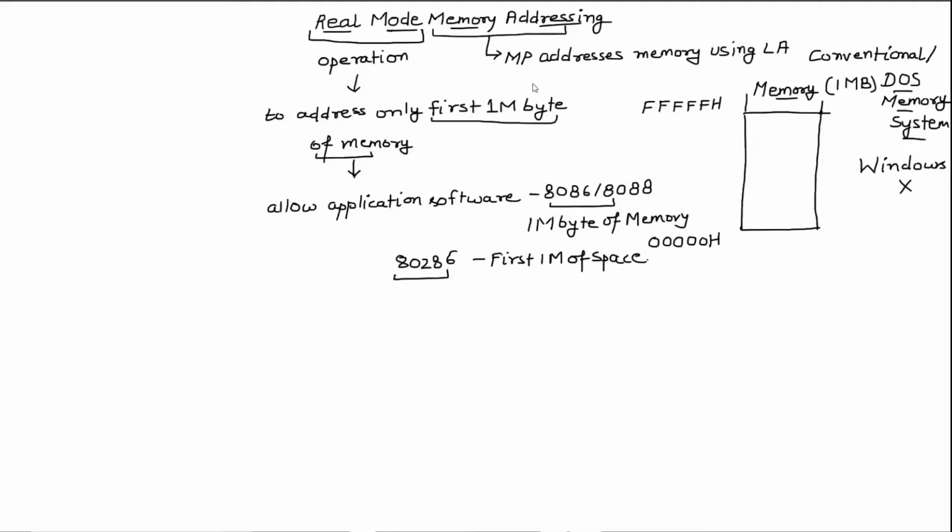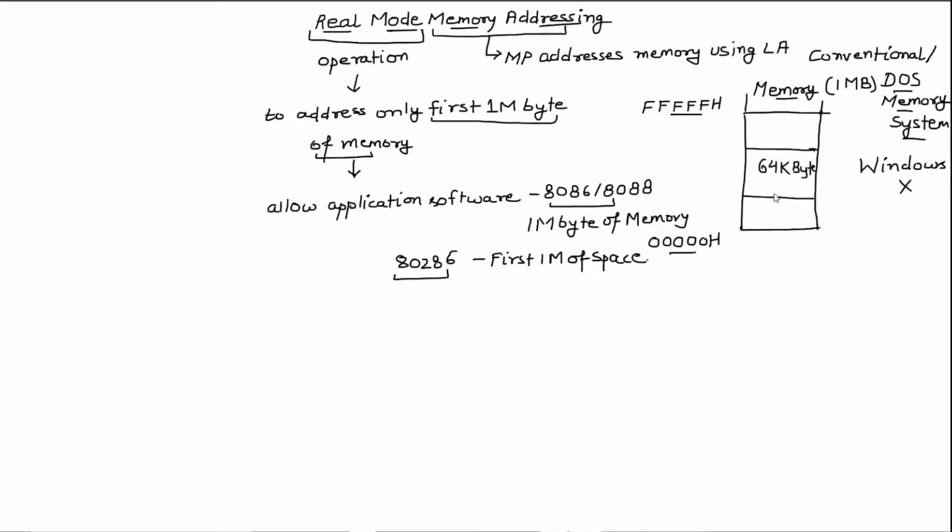Now, the microprocessor assigns these logical addresses to the memory space by using the segment registers, which we have already discussed before in this microprocessor series. We know that each segment occupies 64 kilobytes of space in the memory.